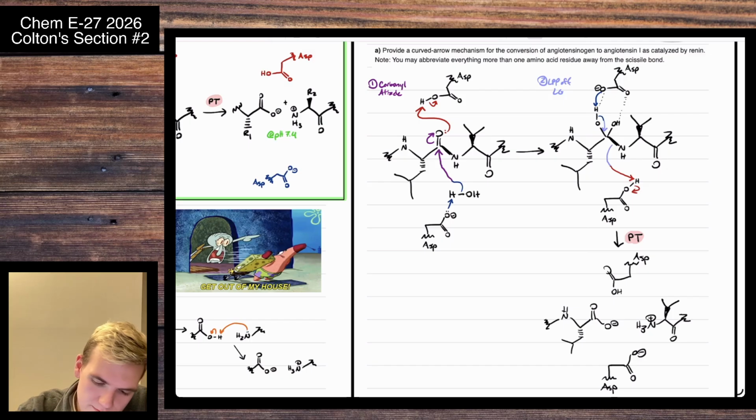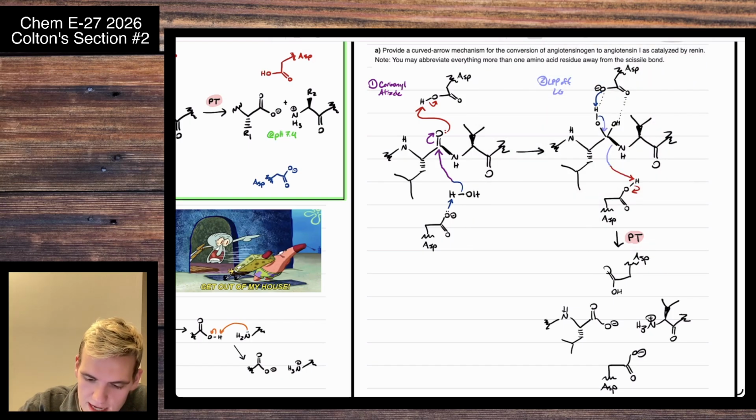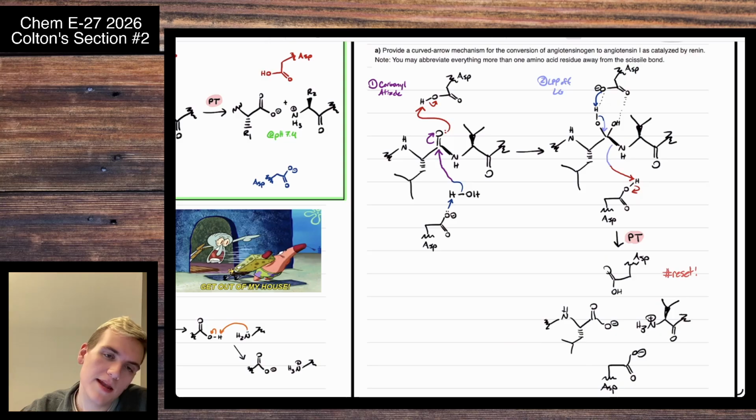So, hashtag reset. And now these things can exit, and then another peptide bond, another water can come in, and we can do it all over again and again and again and be our little protein machine.